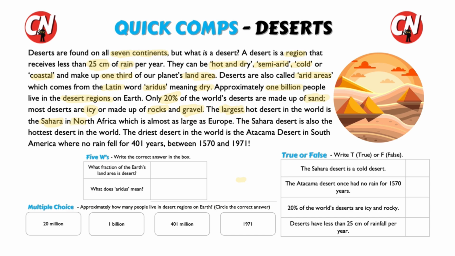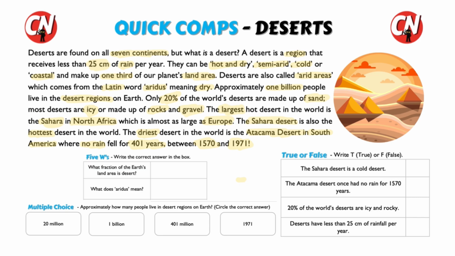Again, nouns, which is almost as large as Europe. The Sahara Desert is also the hottest desert in the world. The driest desert in the world is the Atacama Desert in South America, where no rain, that's probably quite important, no rain fell for 401 years between 1570 and 1971.